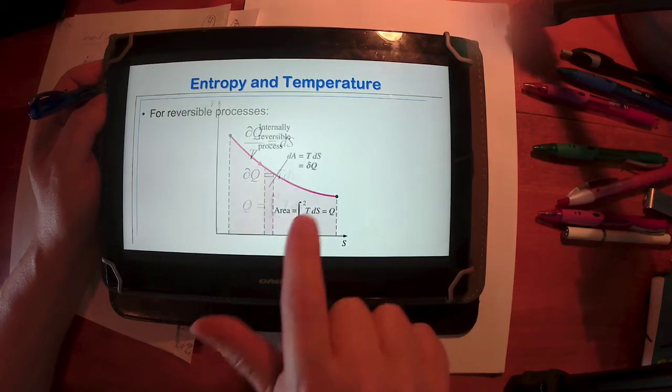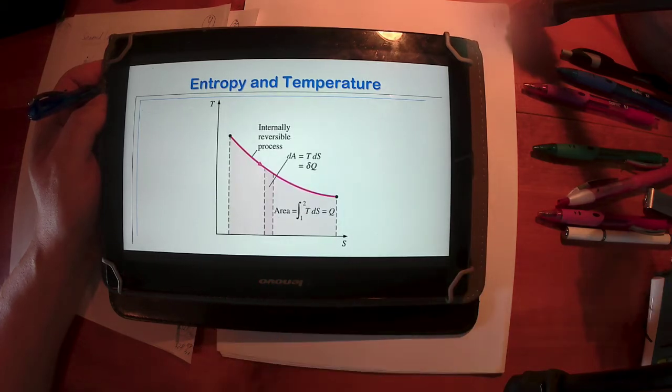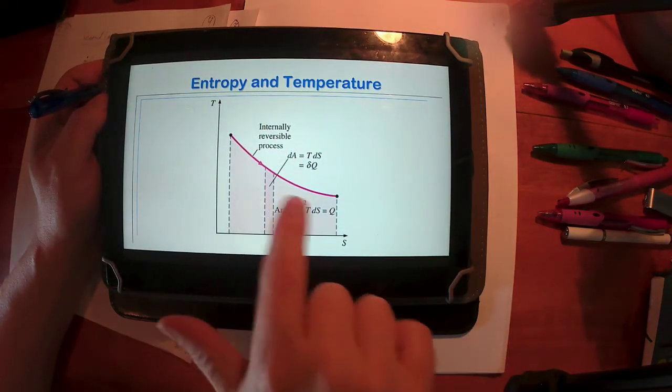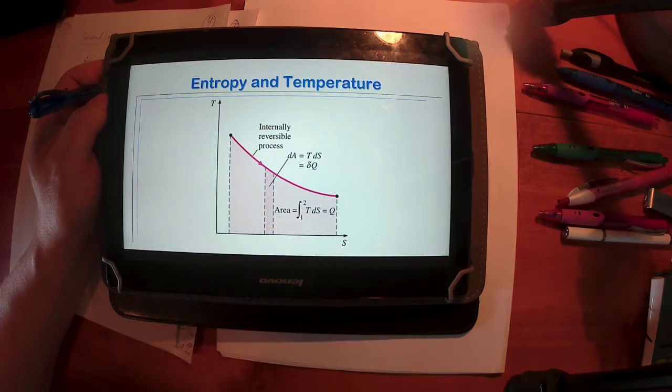Cool, that's kind of neat. What does that mean? Well, that means if I plot temperature with respect to entropy on a diagram, a TS diagram, the area underneath the curve to get from state 1 to state 2 represents the heat transfer that's occurring. Again, if it's a reversible process. If it's not a reversible process, it's a little bit different.